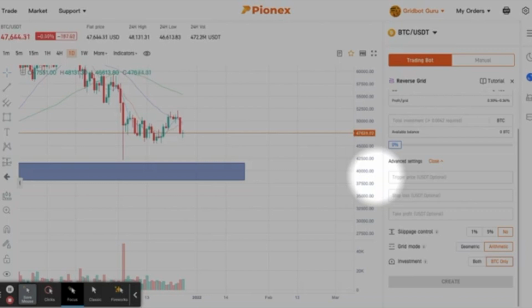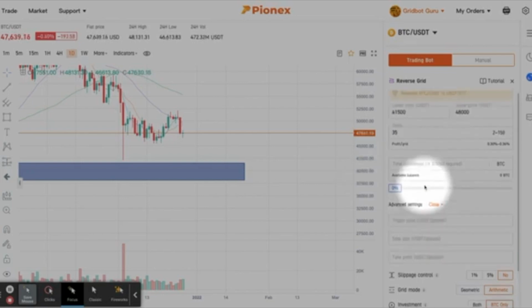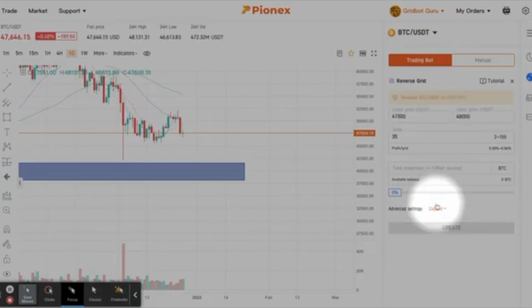The idea for a reverse grid is to try to get a better, lower price for your coins. So what is going to end up happening is the reverse grid as is assumes that you already have Bitcoin, that you've already bought it.